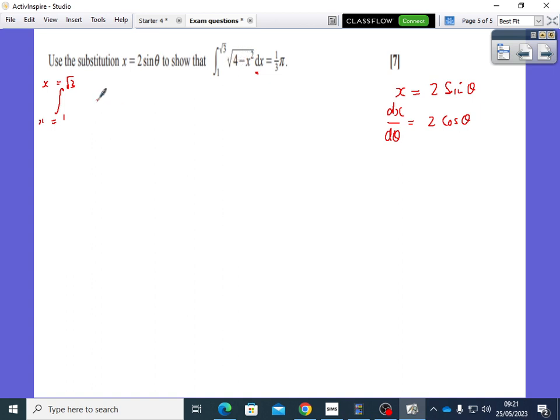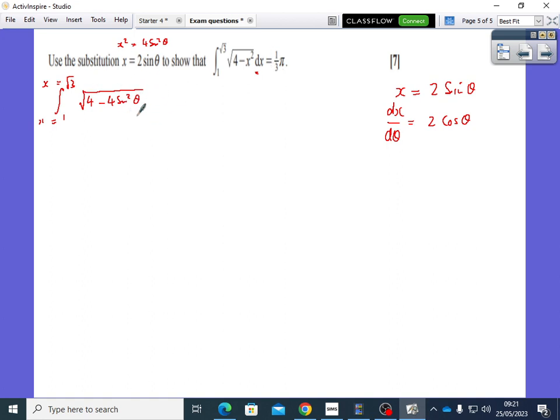Now first of all, let's do this. 4 minus, now x squared, I'm just going to write it here, x squared is the same as this squared, which is going to be 4 sine squared theta. So that's the reason why they chose that. I just got to factorize that in a second and show you why they use that. In fact, I won't factorize it, I'll show you straight away.